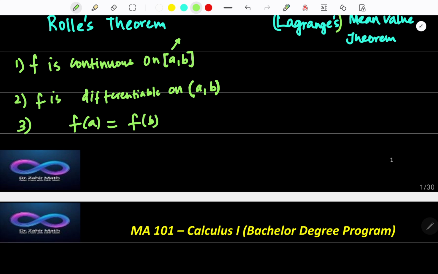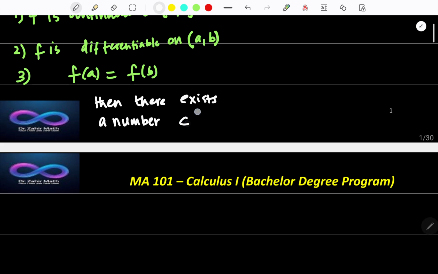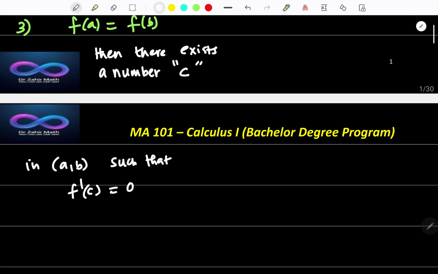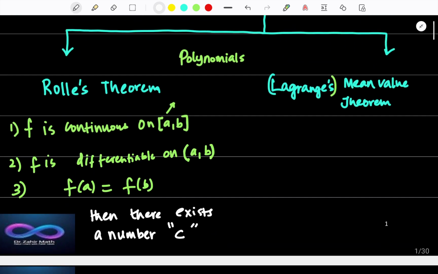If these 3 conditions are satisfied, then there exists a number c in the open interval a comma b such that f dash of c is equal to 0. So this is Rolle's theorem.